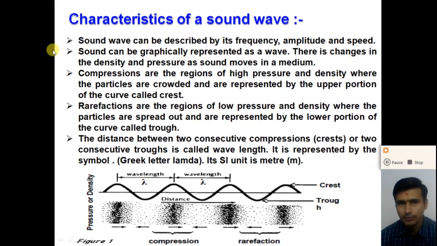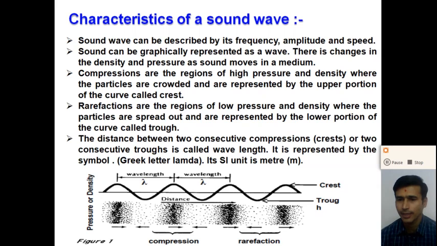Now, sound waves can be graphically represented as a wave. We know that sound is one type of wave. Why? In a sound wave, the disturbance produced by the vibrating object moves in the medium, like in the air.